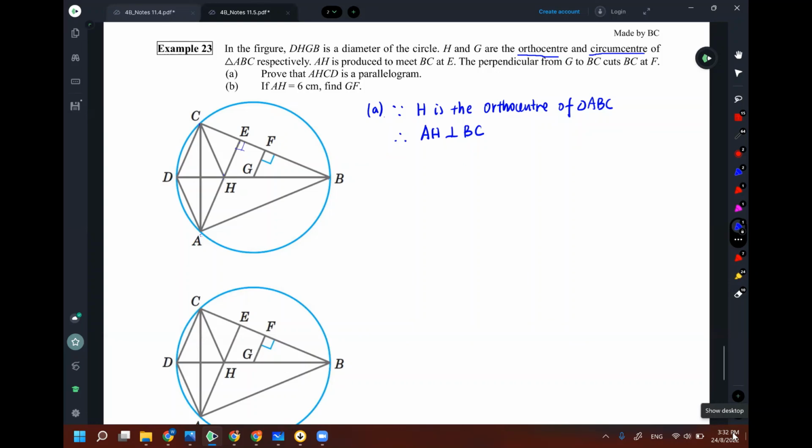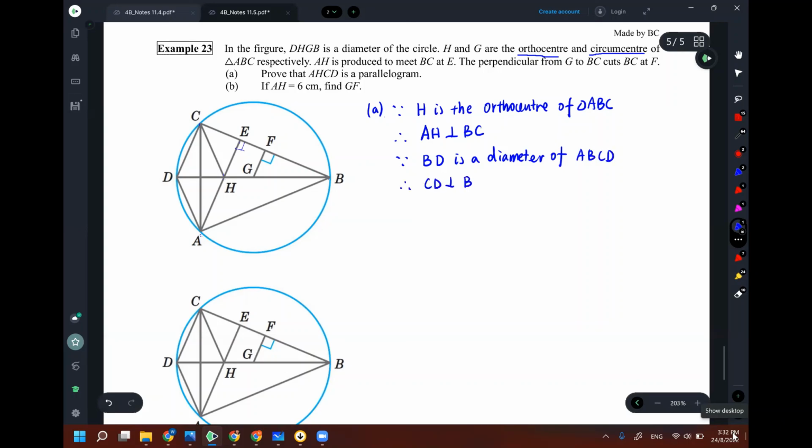And also, because BD is the diameter of circle ABCD, therefore CD is also perpendicular to BC. I think that's enough to say they're parallel. Therefore AH is parallel to CD.